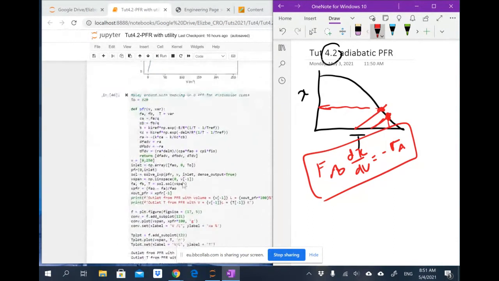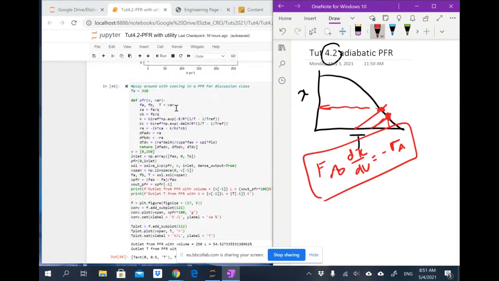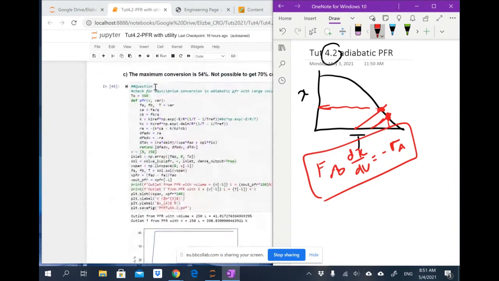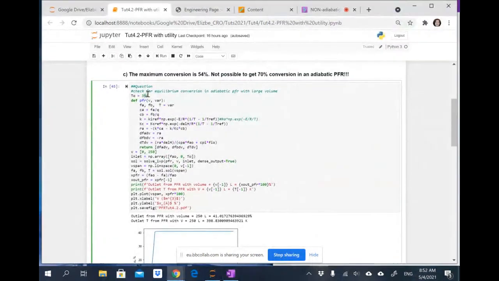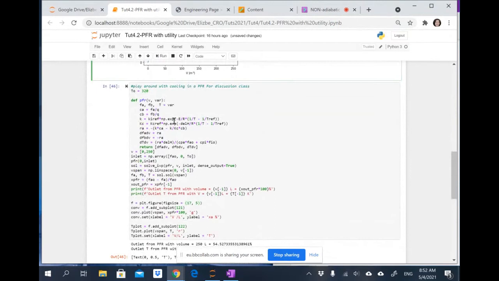So now what we want to do is say, all right, let's not limit ourselves to adiabatic operation. Let's say I want to include a utility, so I'll just remind myself to change back that temperature over there. I want to include a utility in my operation.